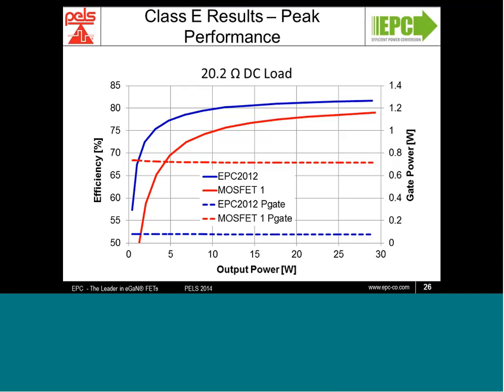And this has a significant impact on the overall efficiency of the converter. As you can see here, the GaN FET is significantly higher in performance and exceeds 80% efficiency from 12 watts and higher. This is all tested with a fixed DC load resistance of 20 ohms.